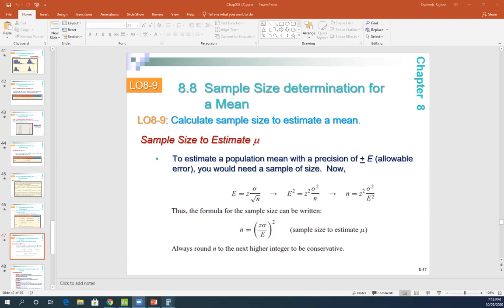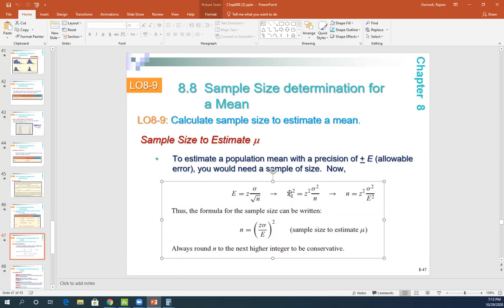So, this is the formula. As this is the second part, here mean plus or minus z sigma over the square root of n. So this is called the error part, the estimation of population mean with precision, the allowable error. So error is z sigma upon square root of n.